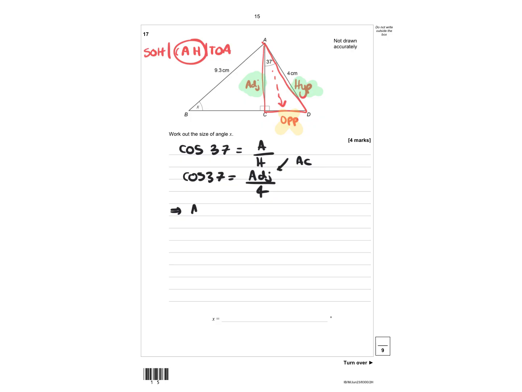That tells me that the adjacent, or AC, this line here, is equal to 4 times the cosine of 37. I can leave it as 4 times cos 37, or I can work out what 4 cos 37 is. It's 3.1945... Do not round at this point here.